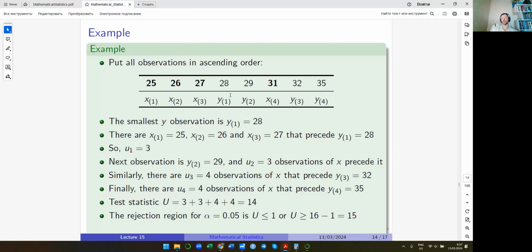Basically, how to get 2? We have to look at how many y's are before this, 0. How many y's are before this, 0. How many y's are before this, also 0. Then we skip this, and how many y's are before this x, 2, 1 and 2. So the U statistic is 2, instead of counting how many x's are before each y. In this case, it's going to be 14.